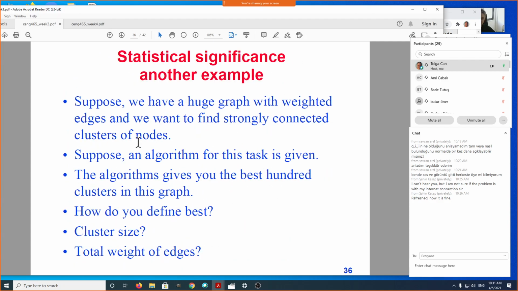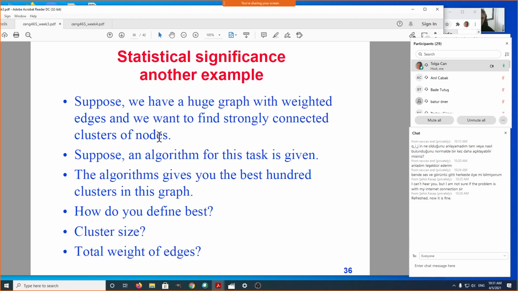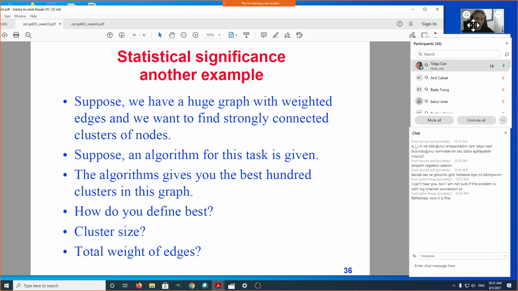Okay, so it's actually break time now. Let's have a 10-minute break. After the break, I'm going to give you another statistical significance computation example that I used in my research, in a paper.